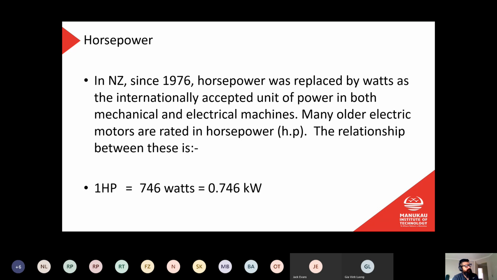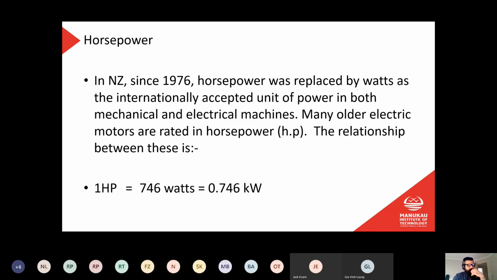So in New Zealand since 1976, horsepower was replaced by watts as the internationally accepted unit of power in both mechanical and electrical machines. Many older electric motors are rated in horsepower. The relationship between these is 1 horsepower equals 746 watts, so 0.746 kilowatts.